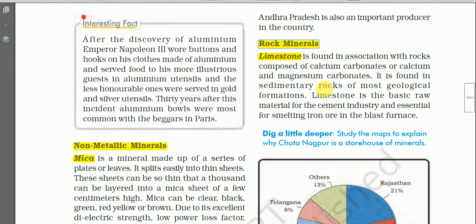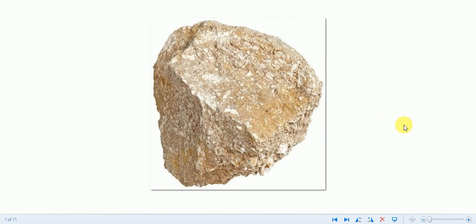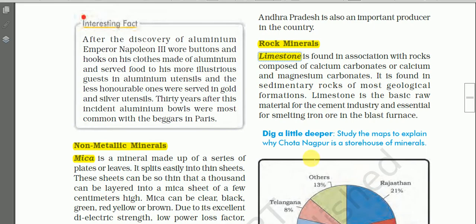Another non-metallic mineral or rock mineral, that is limestone. I think everybody has seen a limestone rock. Here this is a picture of dolomite, a limestone block. So limestone is found in association with rocks composed of calcium carbonates or calcium and magnesium carbonates.